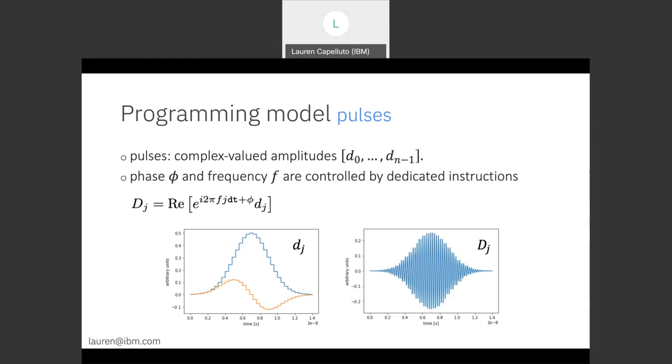This is our pulse envelope for, in this case, a drag pulse. So the orange line here is the imaginary component, and the blue line is the real component. On the bottom right, we have the modulated signal. So this is the drag pulse with the phase and frequency modulating it, and that is what is going to go to the qubit.